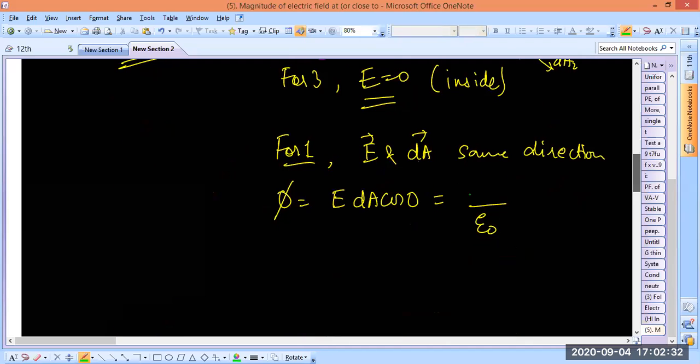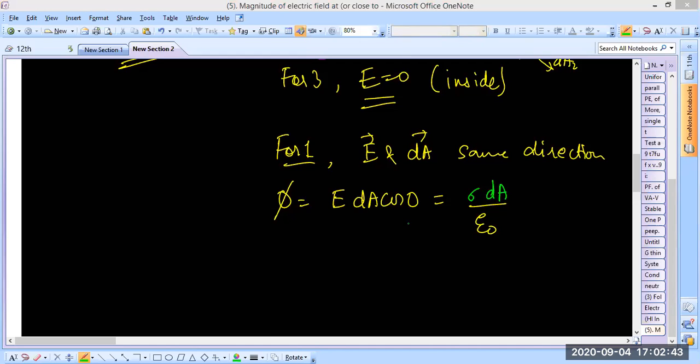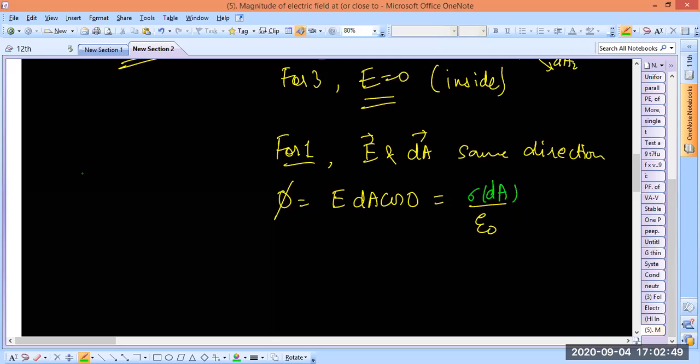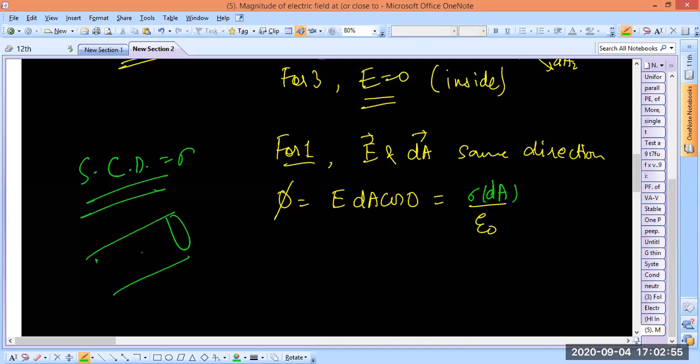So I should be writing sigma into dA, because the area of that part is dA and the surface charge density is sigma, right? If that's the cylinder, we only have to consider this area, so it will become sigma dA.